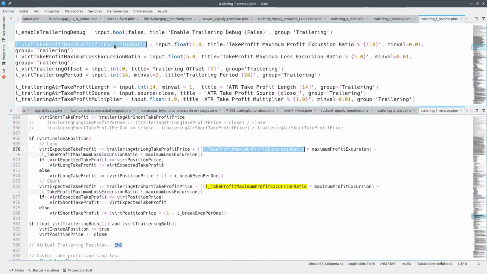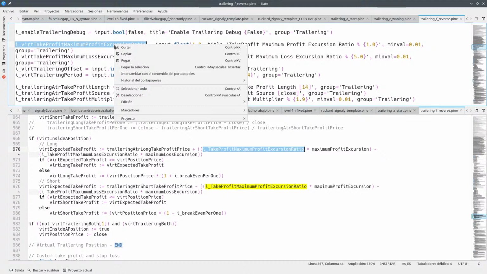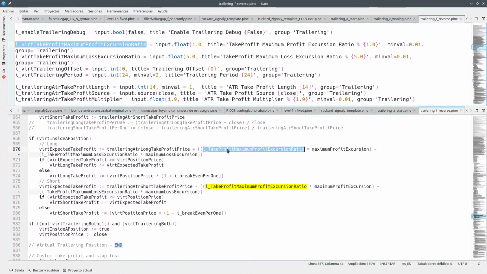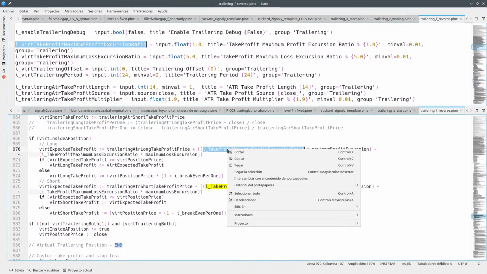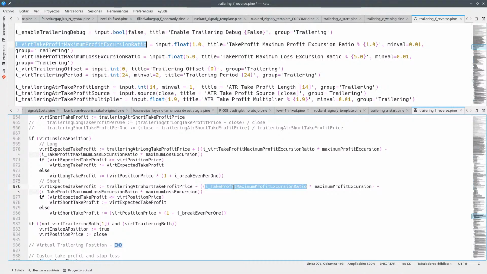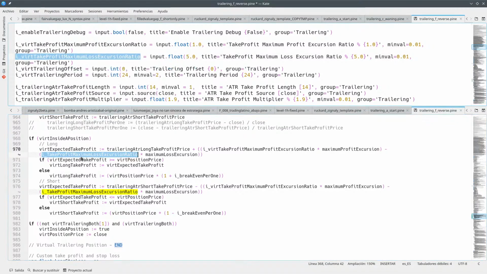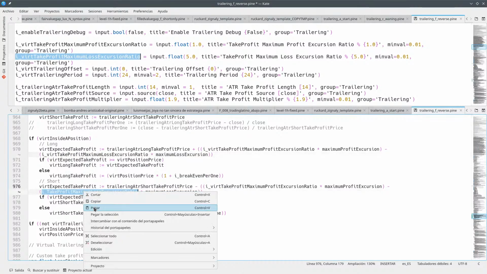Yeah, but this is virtual, because we know that this is virtual. That's it. This is virtual. And the other one, which is the loss, is also virtual, so we need to replace them with a virtual one.